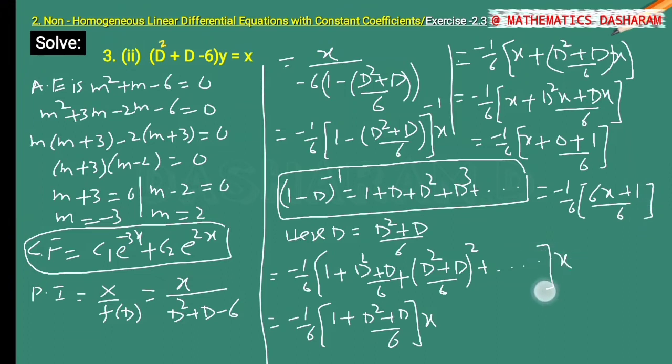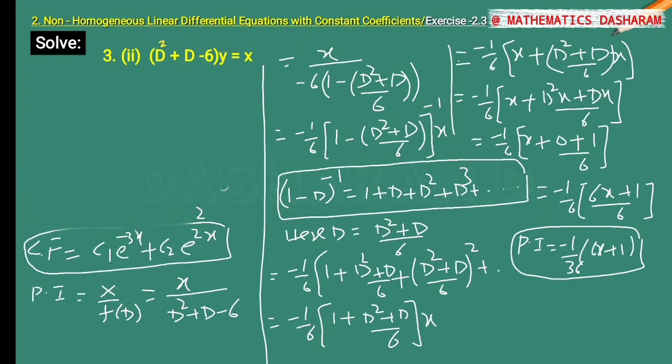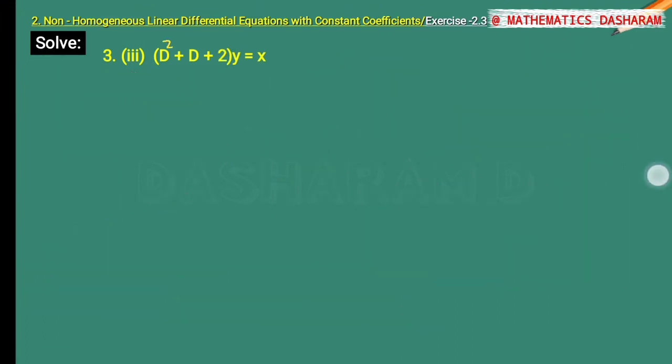So the particular integral is -1/36 (6x + 1). Now write the general solution: complementary function plus particular integral. So c1 e^(-3x) + c2 e^(2x) - 1/36 (6x + 1) is our required answer.